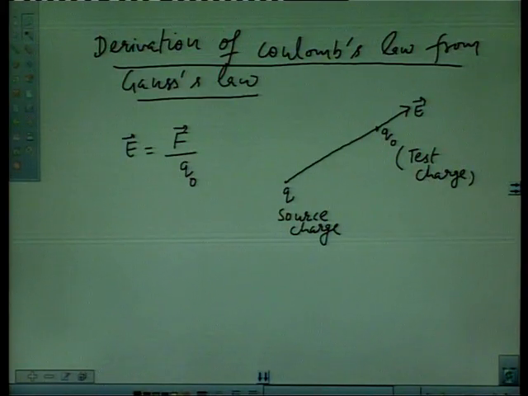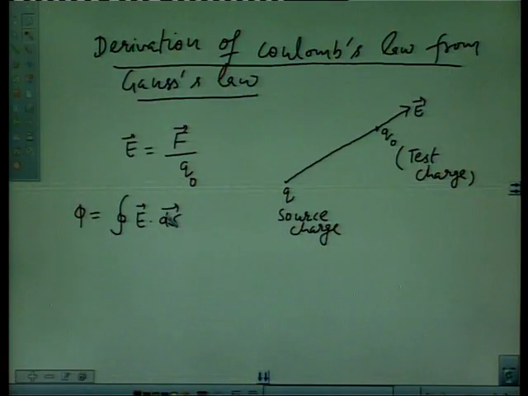Now we will find the value of this electric field from Gauss's law. We know that phi is equal to E vector dot ds vector, its integration over the closed surface. This is also equal to q upon epsilon naught. Q is the source charge and epsilon naught is permittivity of free space. So, this is according to Gauss's theorem.